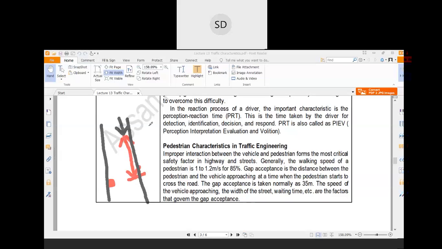So basically this distance is the gap acceptance.